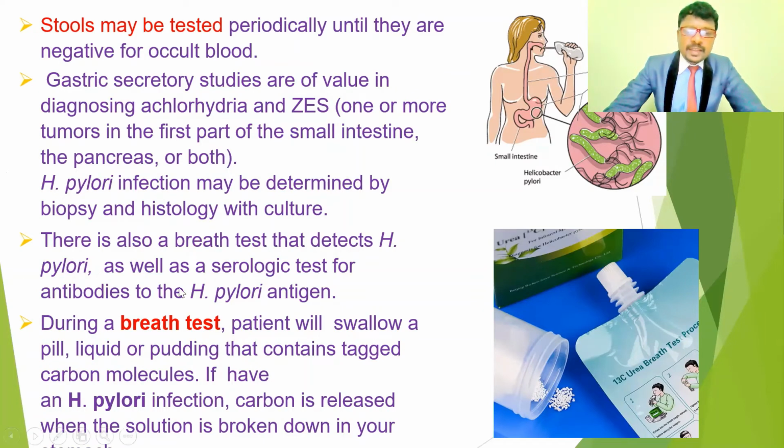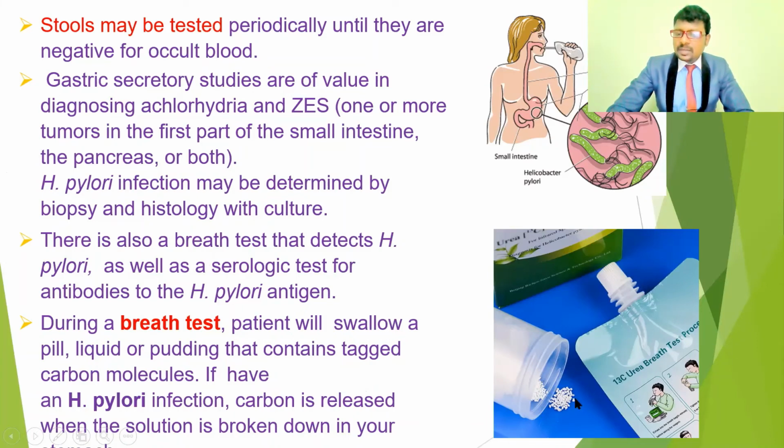Another test is the breath test. This is a simple test to identify H. pylori infections. The patient will swallow a small pill, or maybe a liquid, or some type of pudding, that contains carbon molecules.